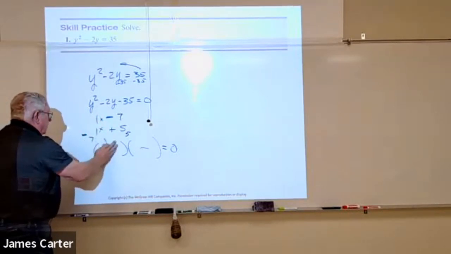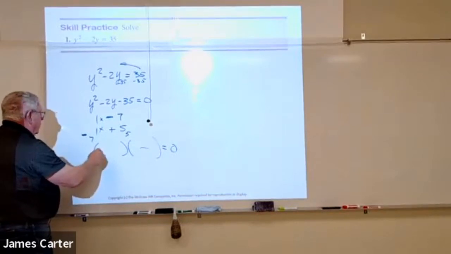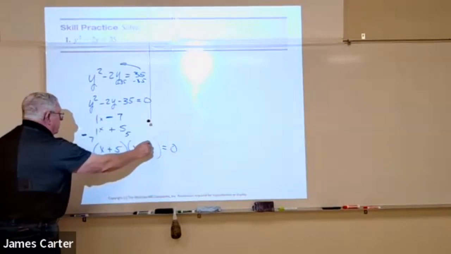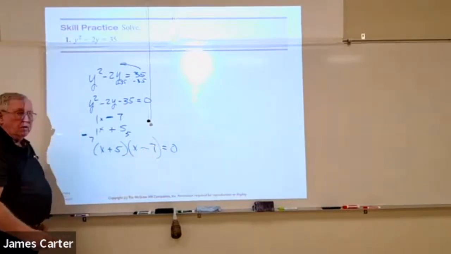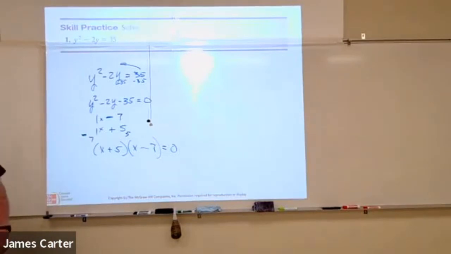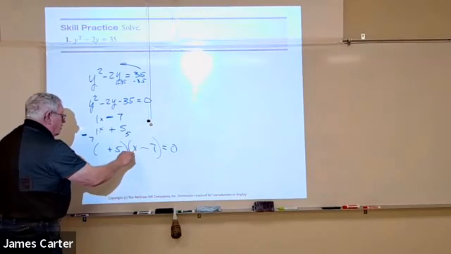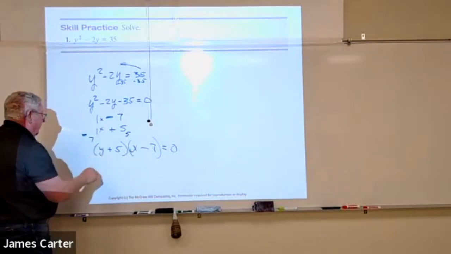So, kind of crowded this, didn't I? So what are my two terms? x plus 5 and x minus 7 equals 0. It should be y. Okay, y is whatever.